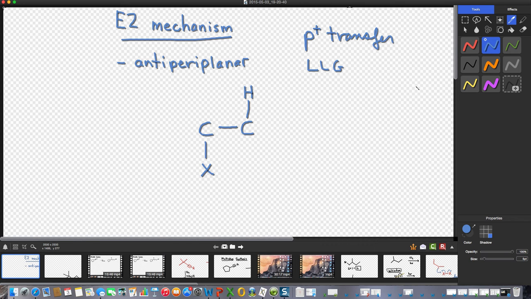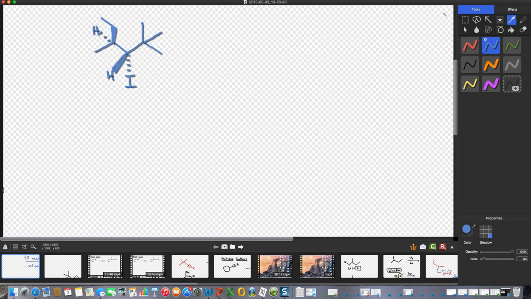When you're confronted with a molecule, however, you've got to put it in a conformation where you can be absolutely certain that the leaving group and the hydrogen you're going to remove are anti. And this usually means drawing a Newman projection. So we have a fairly complicated molecule here.